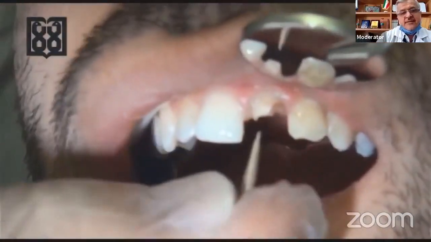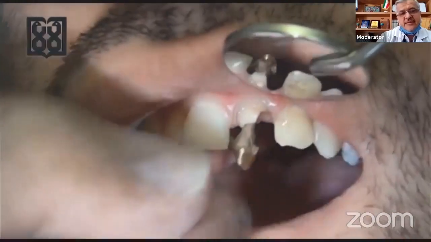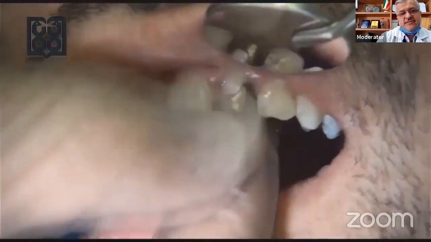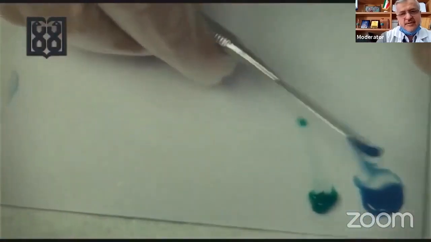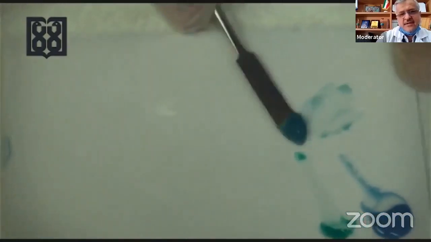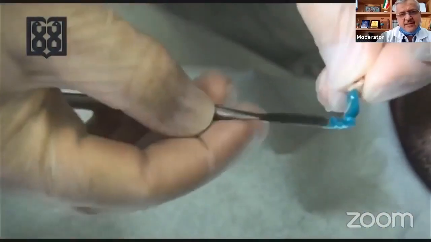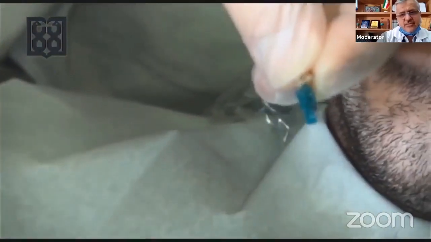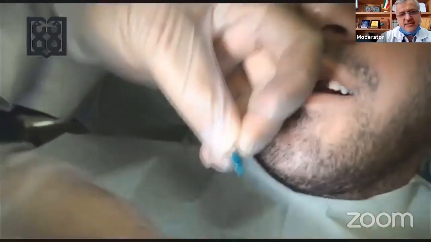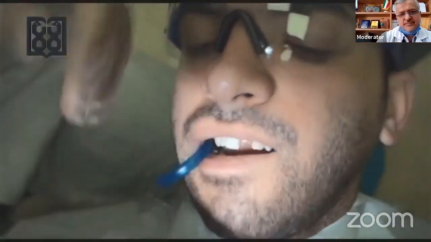We must insert the post in the canal very slowly and with very light, gentle pressure, because it may cause fracture or crack in the root. And I checked the post with light body material as a pressure indicator, and it can show us, for example, premature contacts or some nodules maybe.